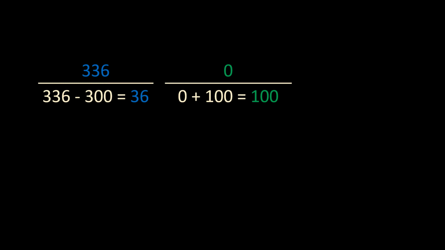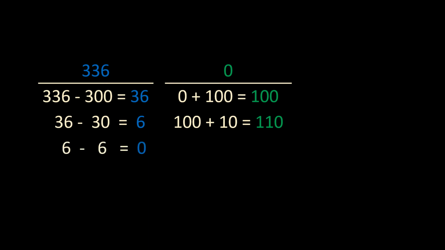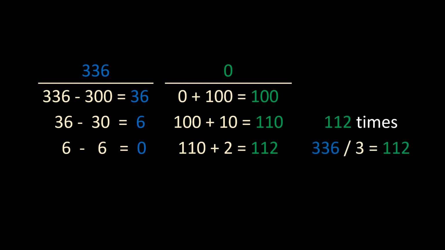Then we can combine the next 10 steps by subtracting 30 from 36 and adding 10 to the count. And finally, we can combine the last two steps by subtracting 6 and adding 2 to the count. This way, we reached the final answer, which is 112, much faster by being more efficient.